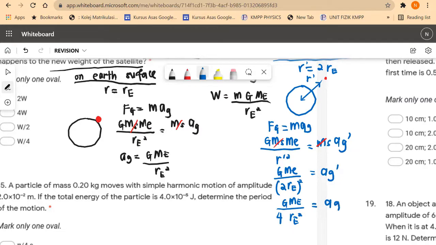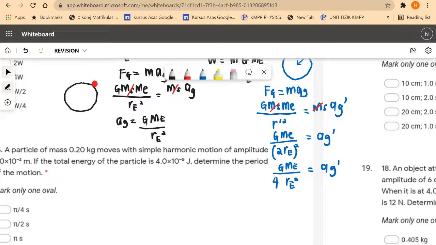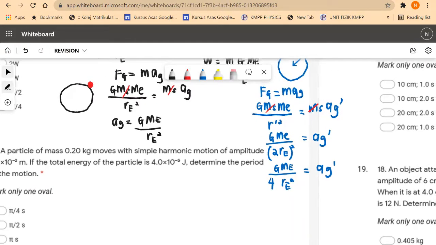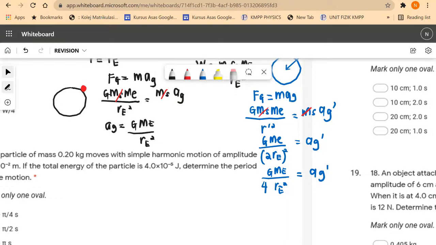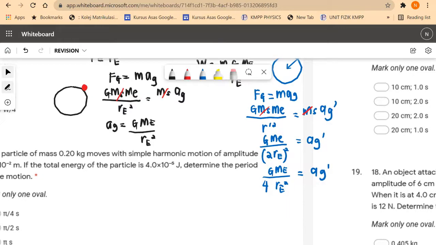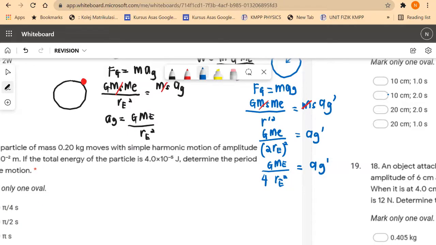This is the new acceleration due to gravity at the new position. So the new Ag equals 1 over 4 of Ag on Earth's surface.